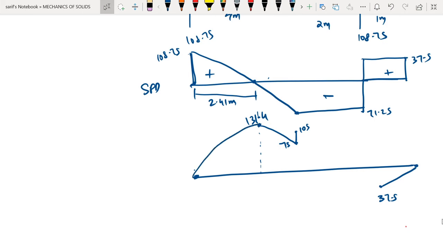So this is also a curve. So what we have to understand is, in the region A to D, so this is A and this is D, in this particular region it is going to be a curve, that is, a quadratic variation for the bending moment with the maximum at this particular point.